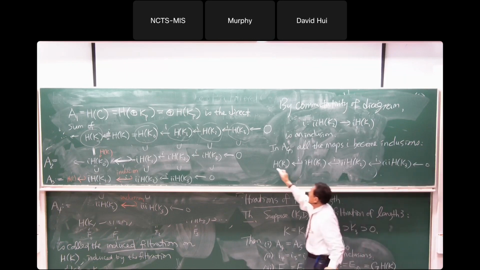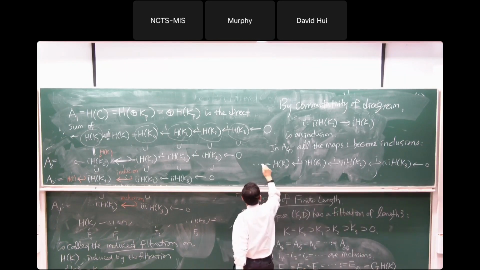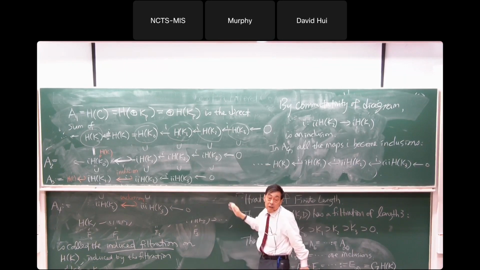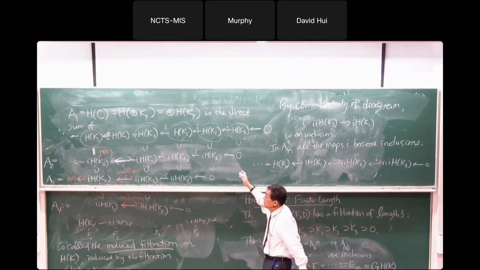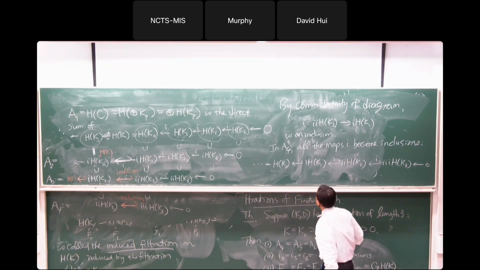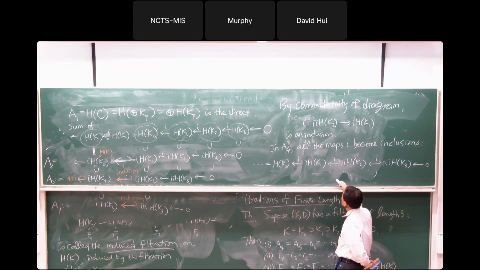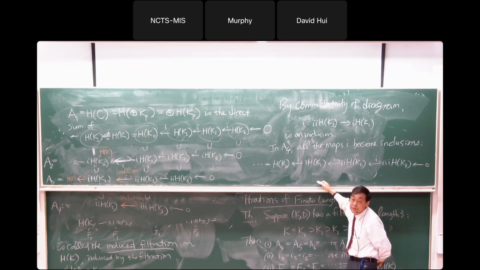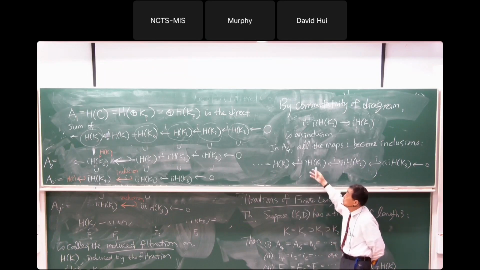Okay, and here it goes on forever in the negative p's, and they're all the same, right? And now once they become inclusions, if you apply I again, it doesn't change anything because an inclusion does not change the group.